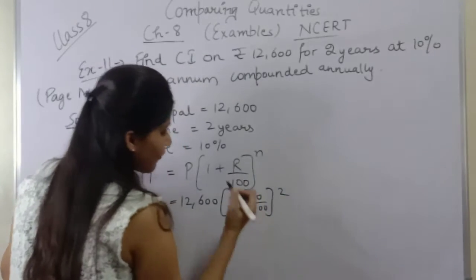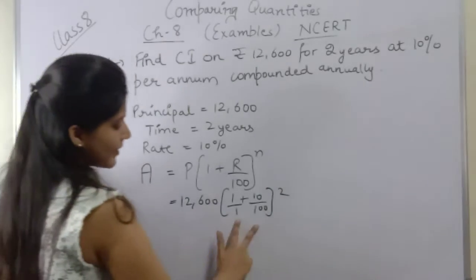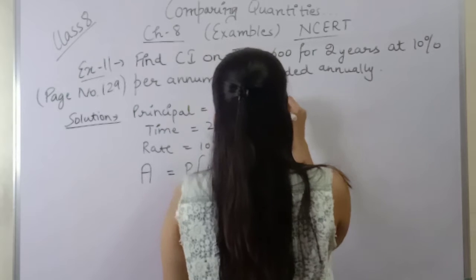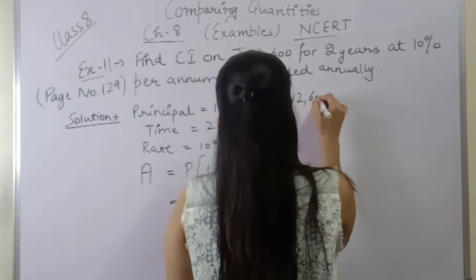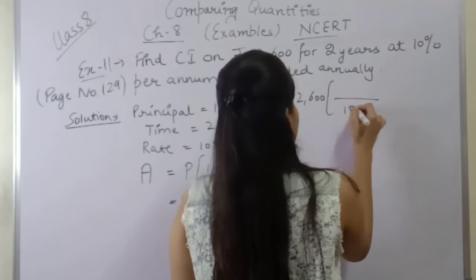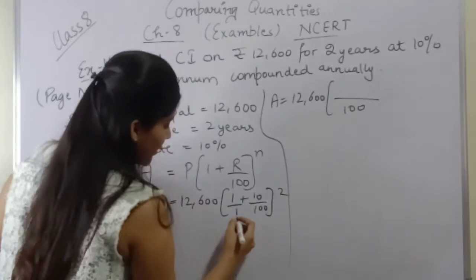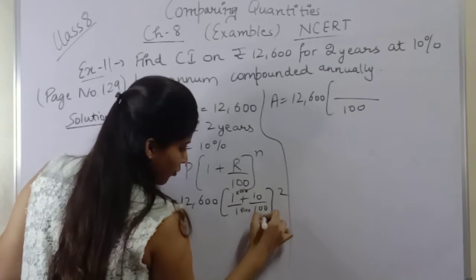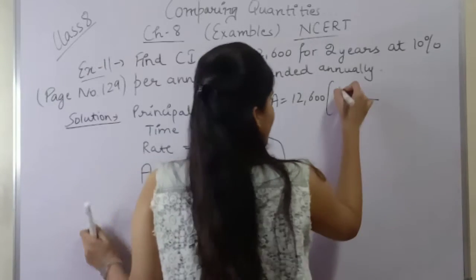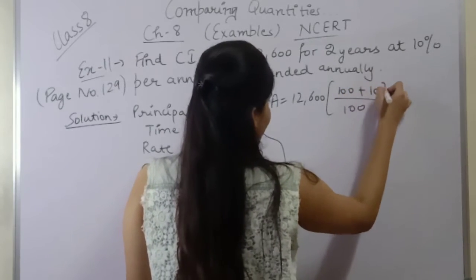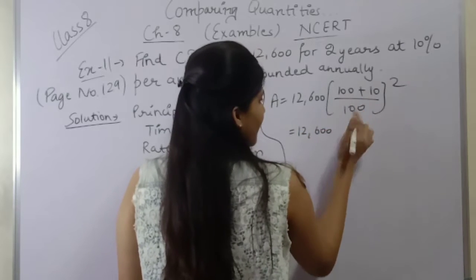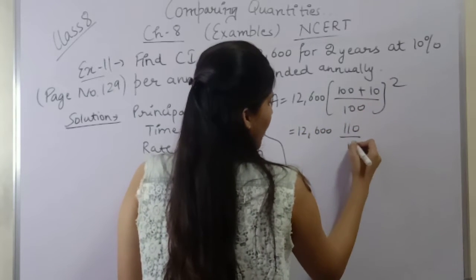So we can write 1 upon 1 and we'll take the LCM of 1 and 100 which will come out to be 100. So this will be into 100 and into 100 and this will be into 1 and into 1. So this becomes 100 plus 10 to the power 2. So 12,600 into 110 upon 100.